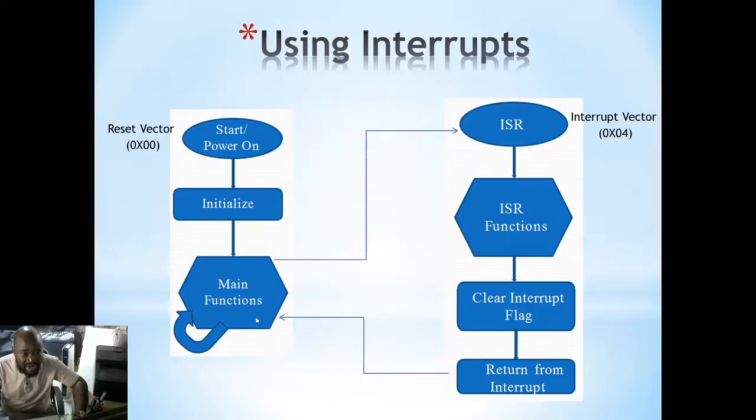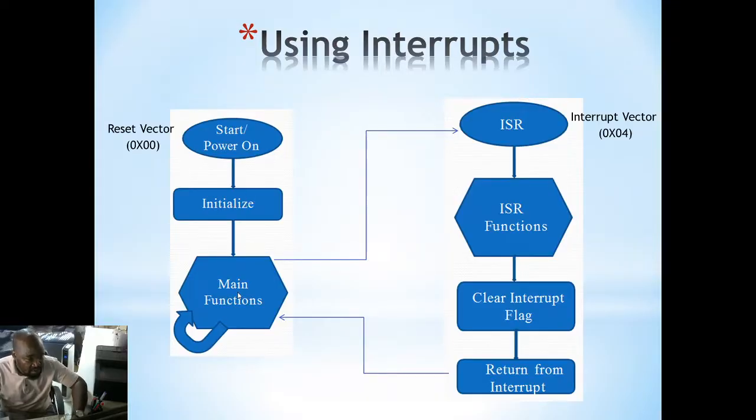What is on the left hand side should be familiar to you by now. This is the normal program which we have been doing, where you have power on or reset, and the PIC will always start executing instructions from address 00 after any reset. That is our reset vector. Then you initialize, and after initializing you perform the main function.